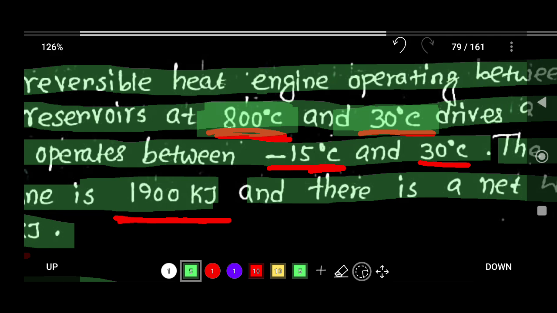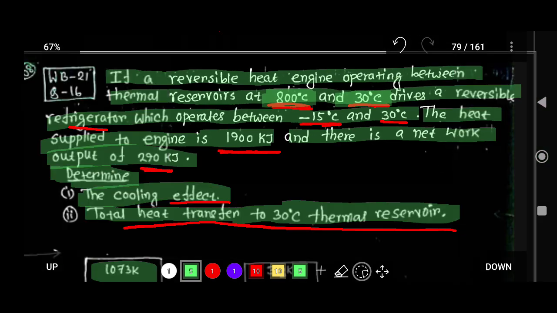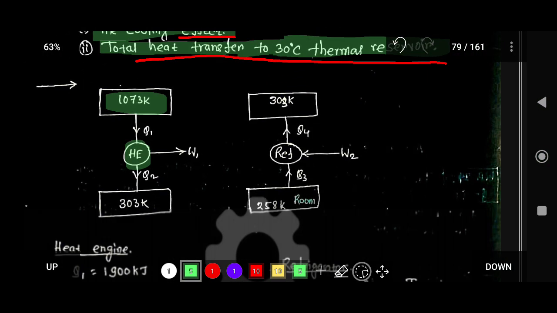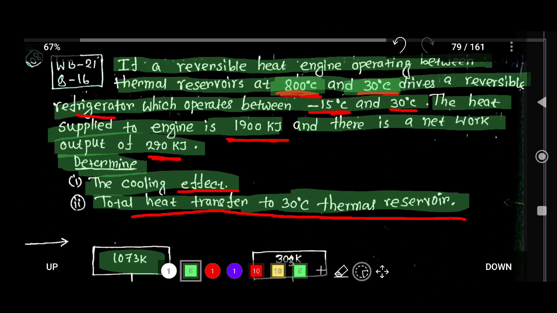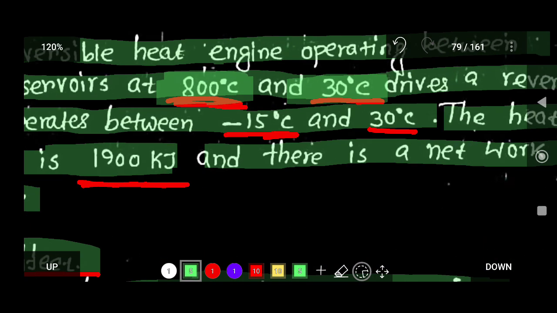30 degrees Celsius means 303 Kelvin. Minus 15 degrees Celsius means 258 Kelvin, and 30 degrees Celsius means 303 Kelvin.